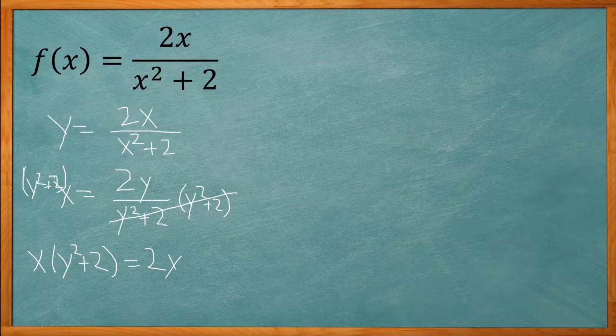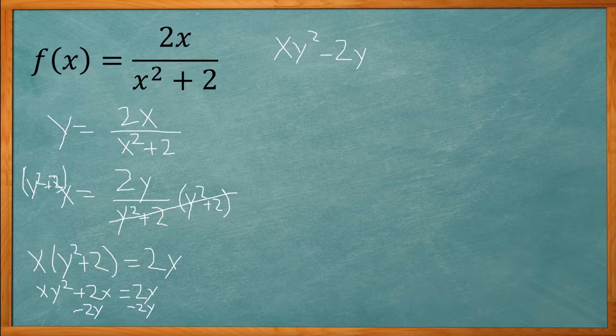And multiply out the left-hand side here, gives me x y squared plus 2x equals 2y. Now I'm going to move the 2y to the left-hand side by subtracting 2y from both sides. That's going to give me xy squared minus 2y plus 2x equals 0.